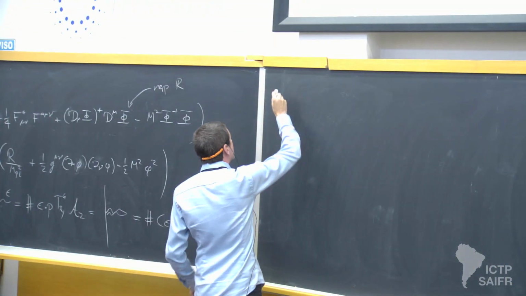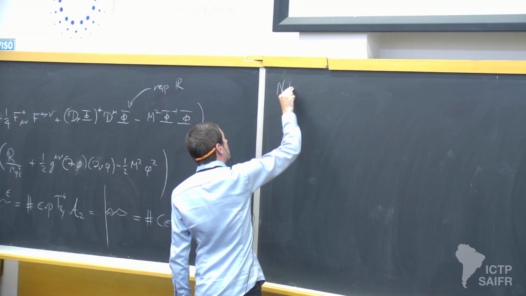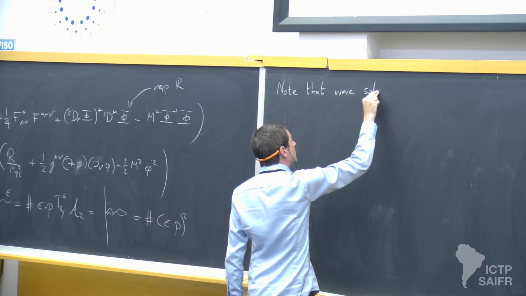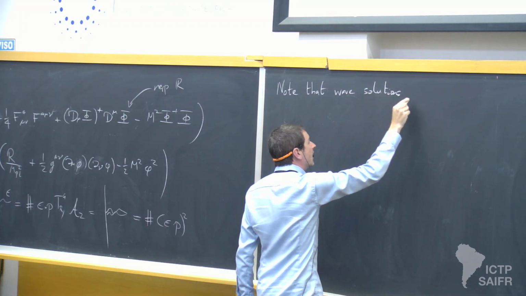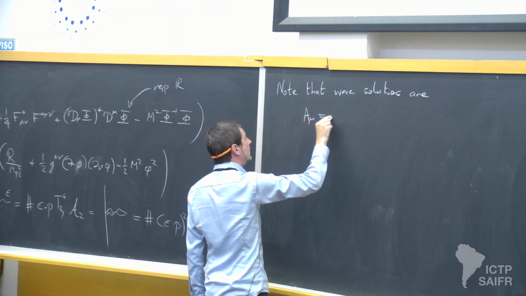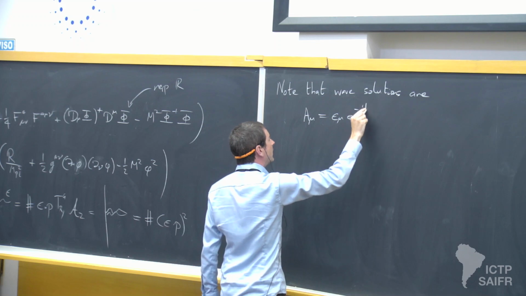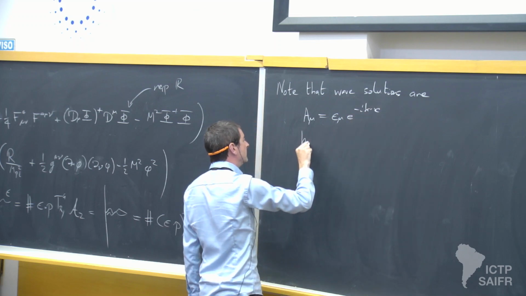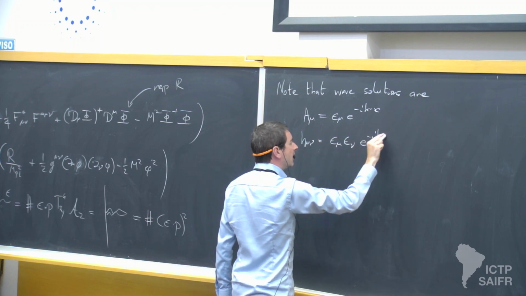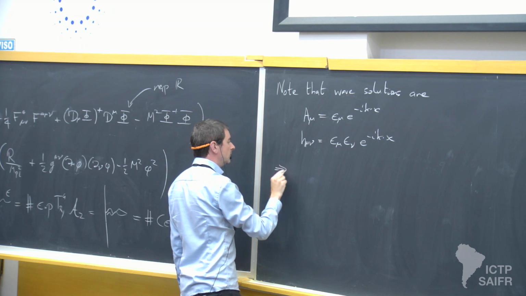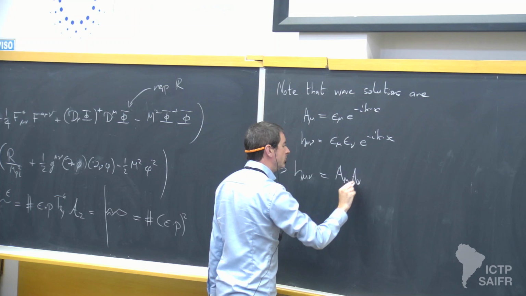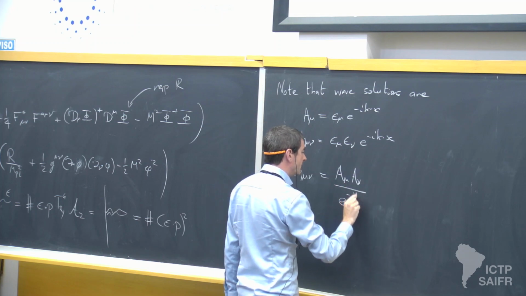So the wave solutions, say of definite helicity, are things like A_μ is ε_μ e^{-ik·x}. H_μν is ε_μ ε_ν e^{-ik·x}. So H_μν is A_μ A_ν, except you've got to divide by an e^{-ik·x}.